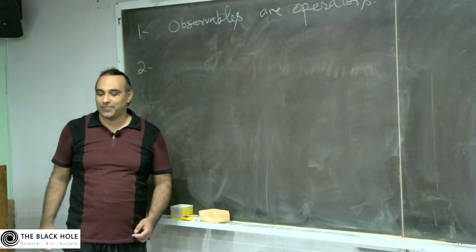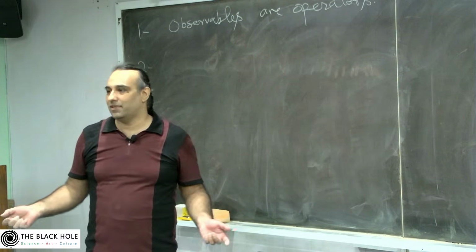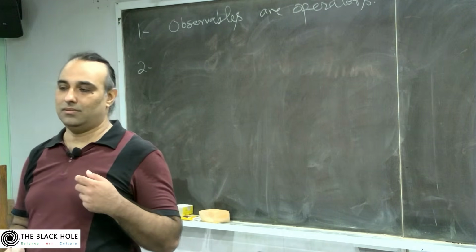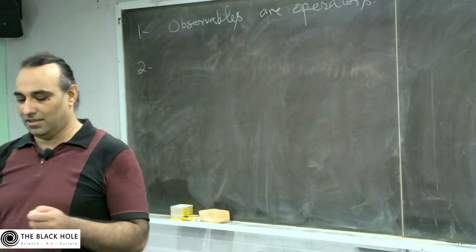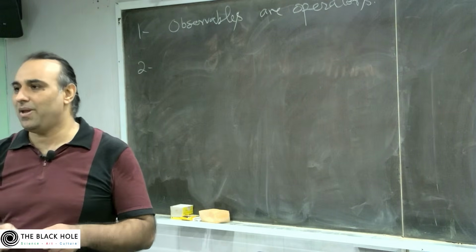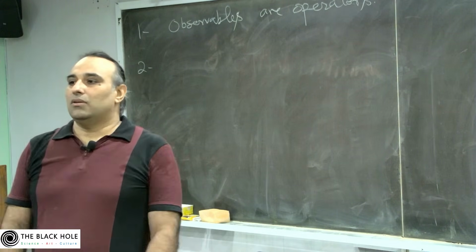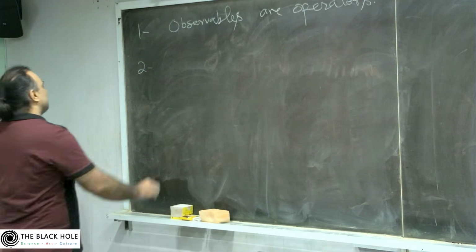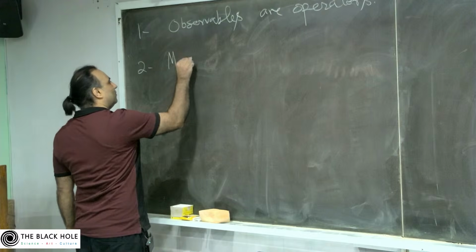Then, in the physical world, what we do to know about some system is usually do some experiments with it, and in those experiments what we usually do is measure things. So the postulate is about how to measure.